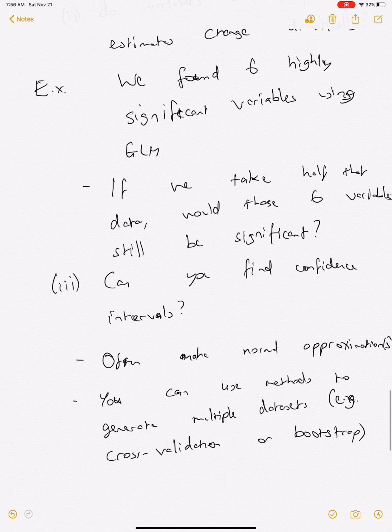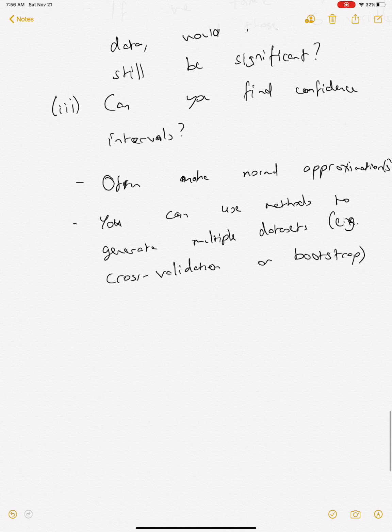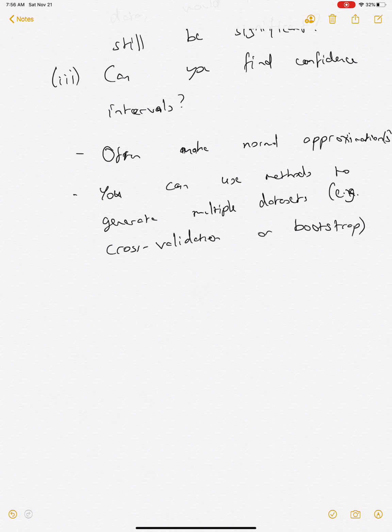That's another way to measure stability, but there are lots and lots of different ways. Another thing I should mention is algorithm or method perturbations.